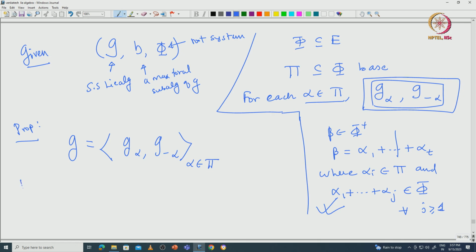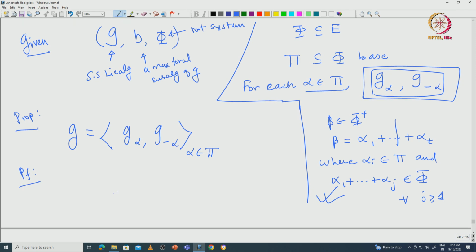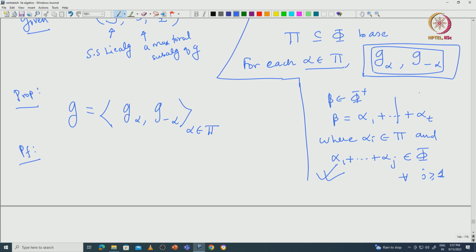Okay. So, what is the proof? Proof is again just induction on the height of beta with respect to the base pi. So, start with some alpha. Okay. For alpha in pi, we can choose x alpha in G alpha and y alpha in G minus alpha, such that the bracket of x alpha, y alpha is exactly h alpha.